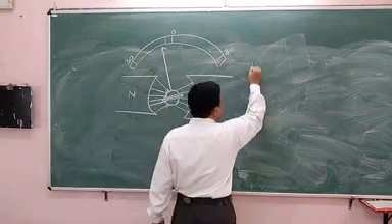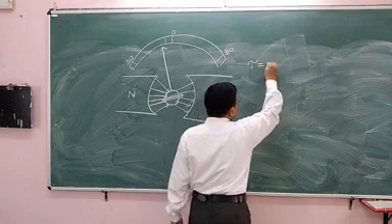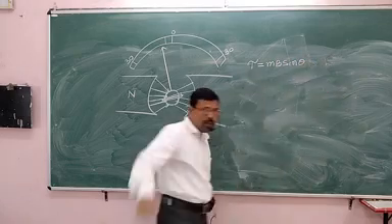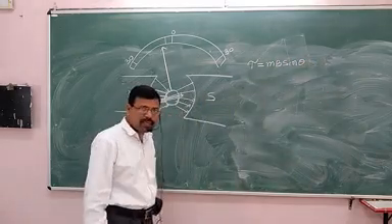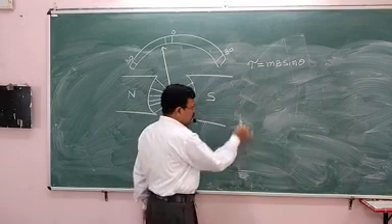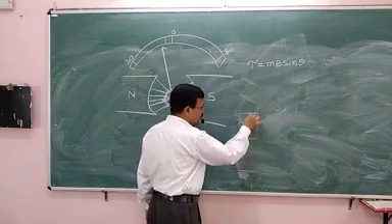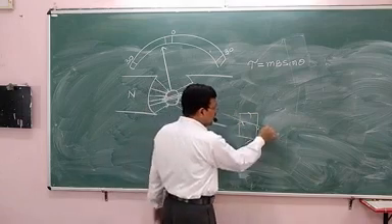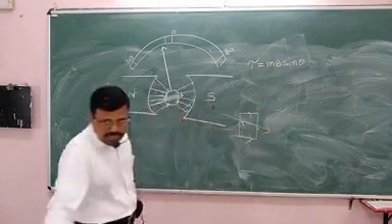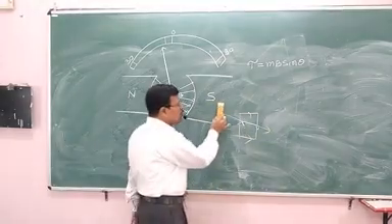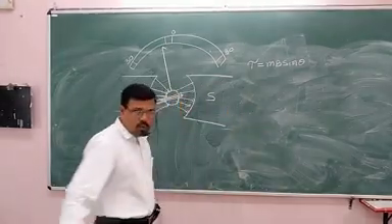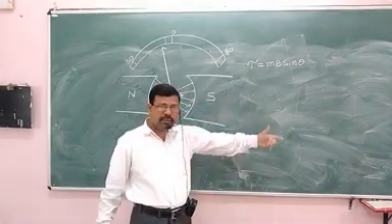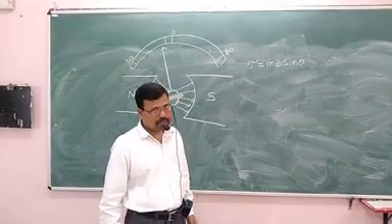Torque is equal to MB sin theta, where M is the magnetic moment of that rectangular coil, and B is the radial magnetic field, whose direction is always parallel to the plane of the coil, or whose area vector and the magnetic field are always perpendicular.